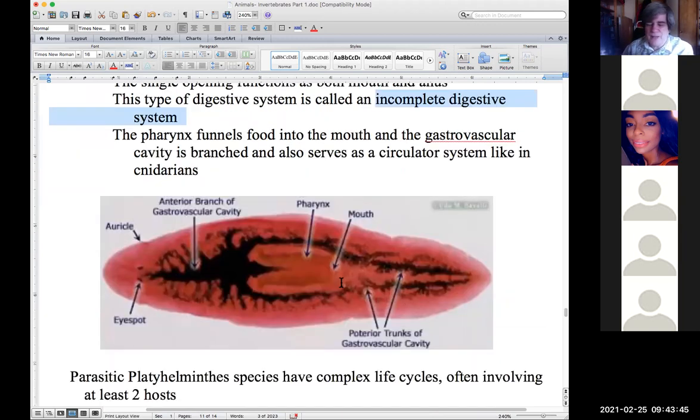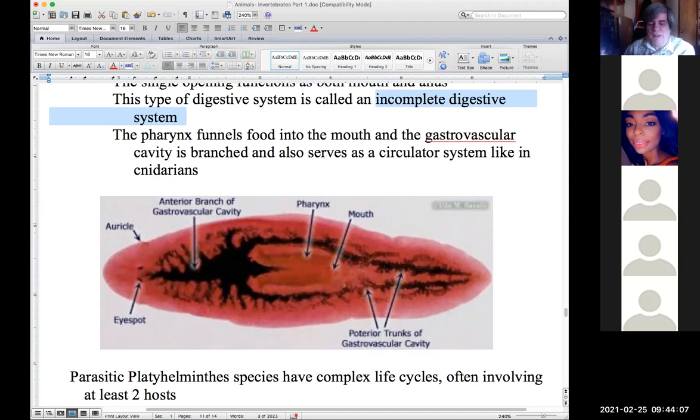There's another disadvantage to having a system with only one opening. Think about this kind of pointed black area right in here. Notice that when the planaria is eating food, that food comes in and it's moving in this direction.